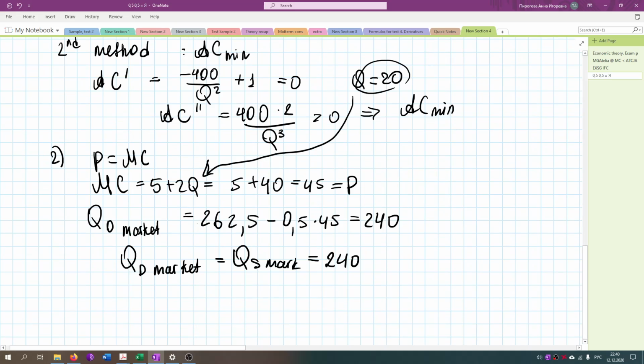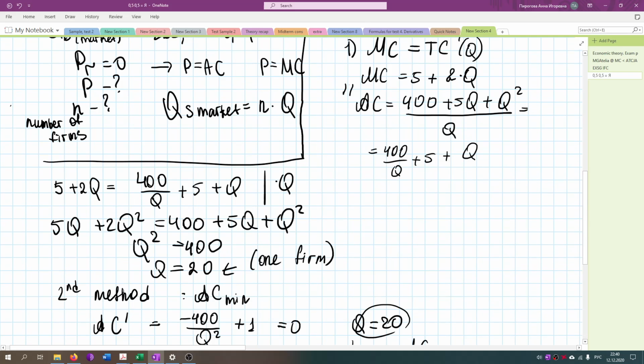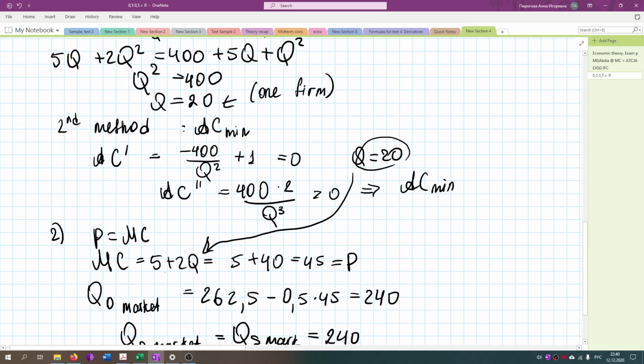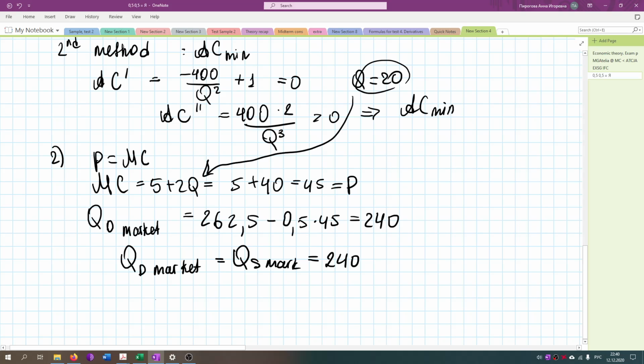So quantity supplied market is equal to N multiplied by quantity produced by one firm. So 240 is equal to N multiplied by quantity produced by one firm. And from this we receive that the number of firms is equal to 12.